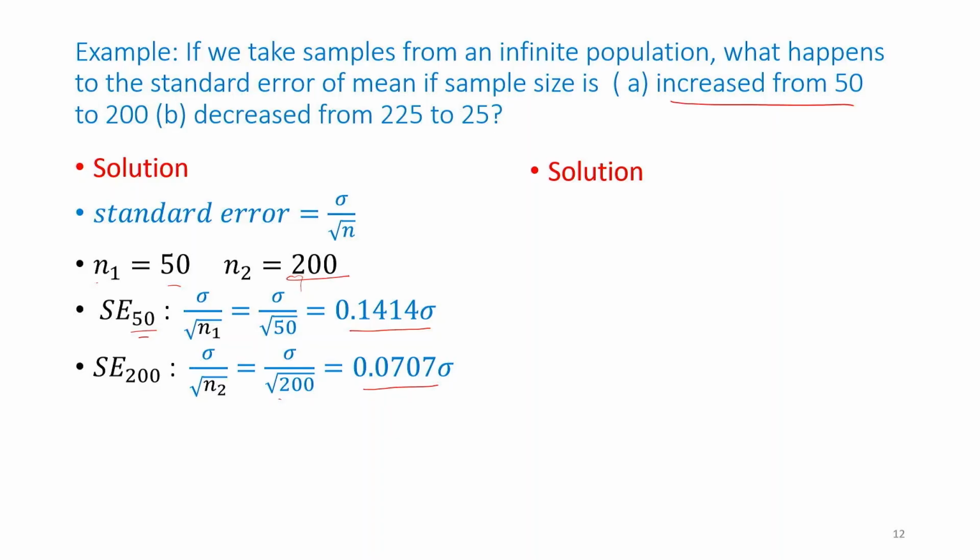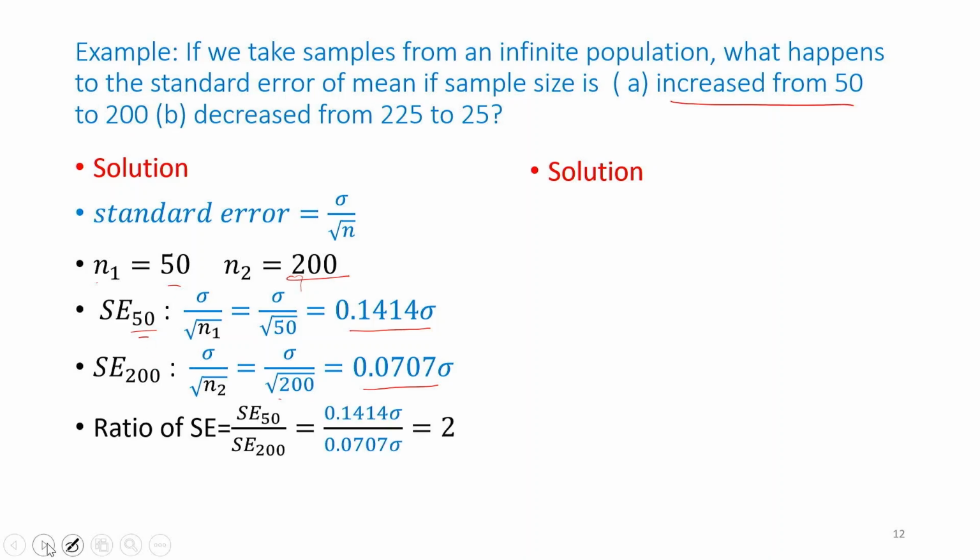So you see the standard error with 50 and 200. We take the ratio. SE 50 is more, so we take SE 50 in the numerator and SE 200 in the denominator. The ratio of SEs is going to be 2.